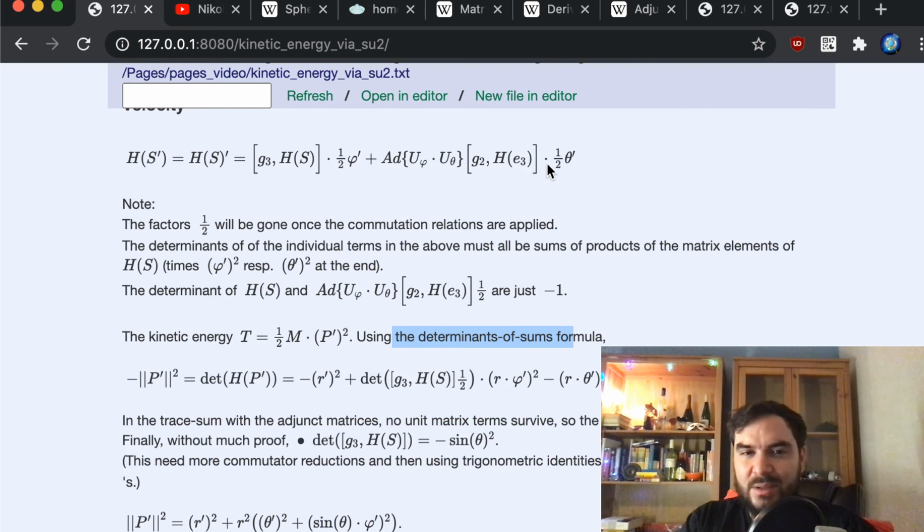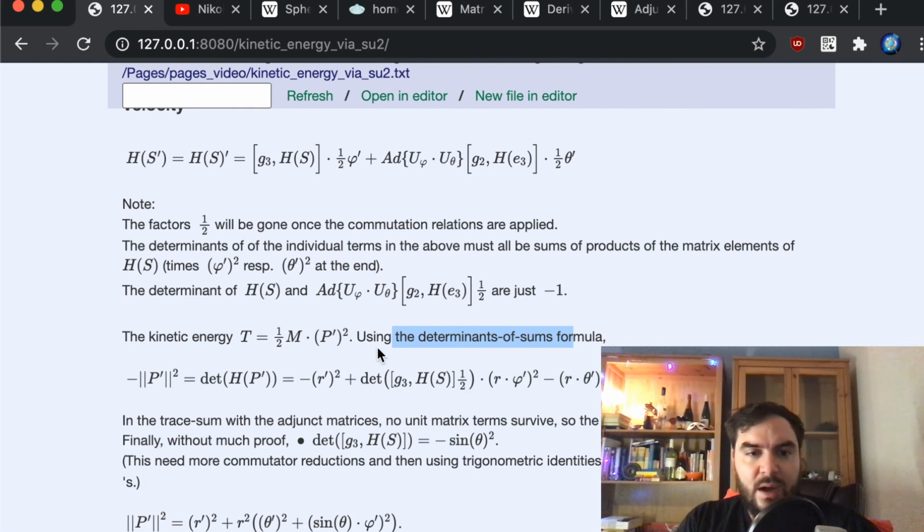Said a little bit differently, when you do these adjoint matrix computations, which amount just to multiplying with some scalar, and then multiply these matrices together, no equal matrices are multiplied together in a way that in the end this trace term in the determinant formula is anything else than 0.